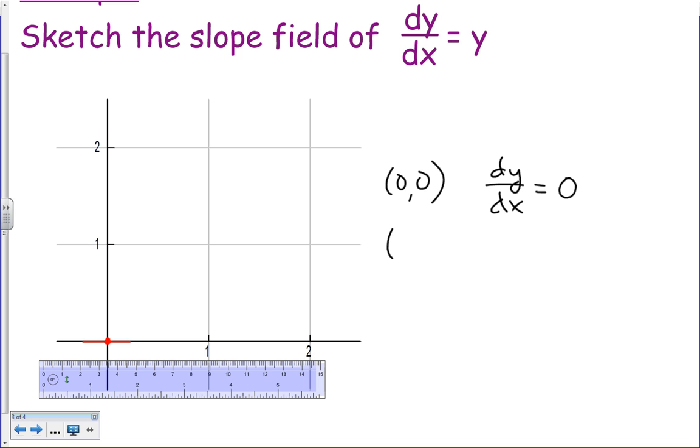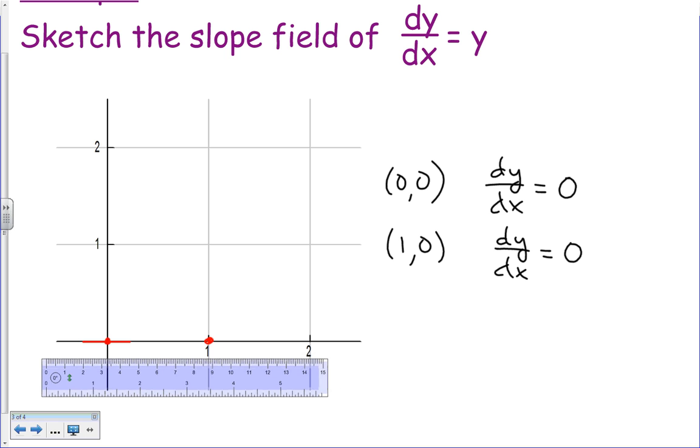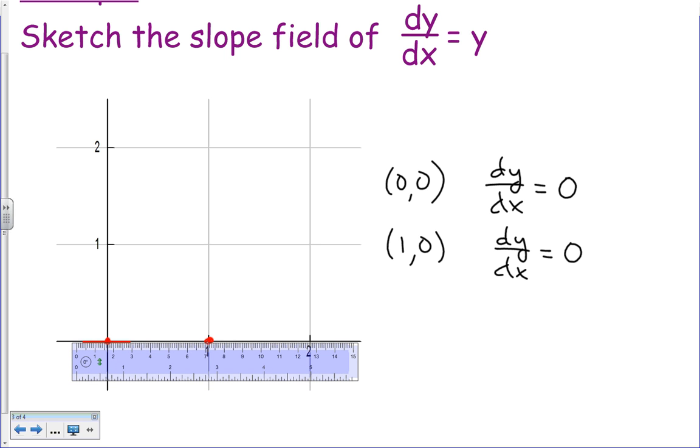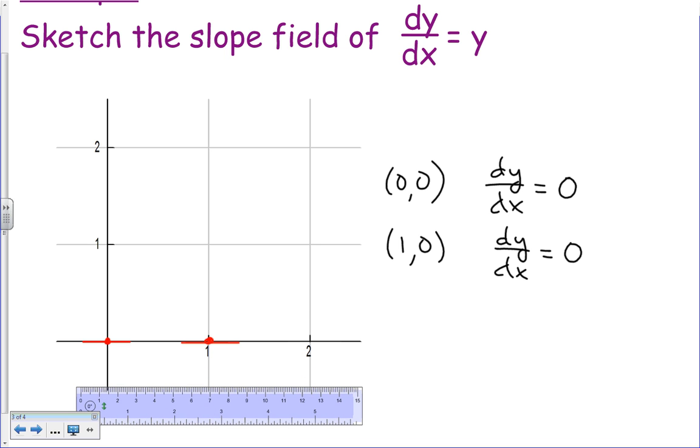Let's go along the x-axis to 1, 0. At 1, 0, dy/dx again is equal to y, and the y value at 1, 0 is 0 again. So at the point 1, 0, we're going to sketch another slope of 0. We'll sketch that in there, and there's our slope at that point.